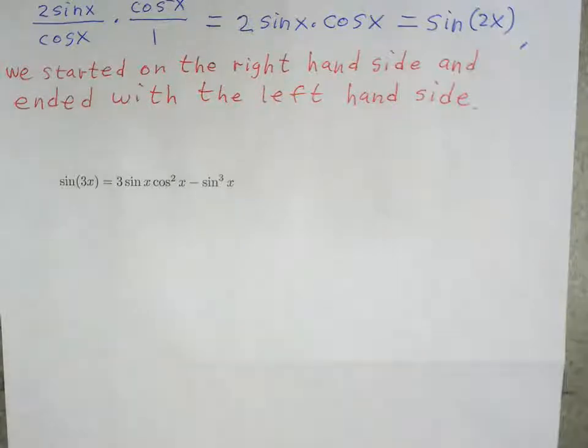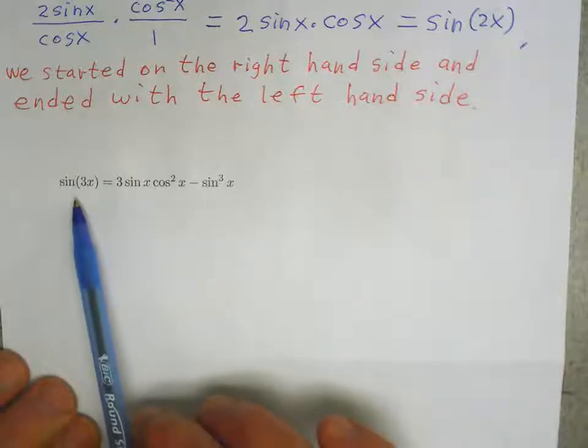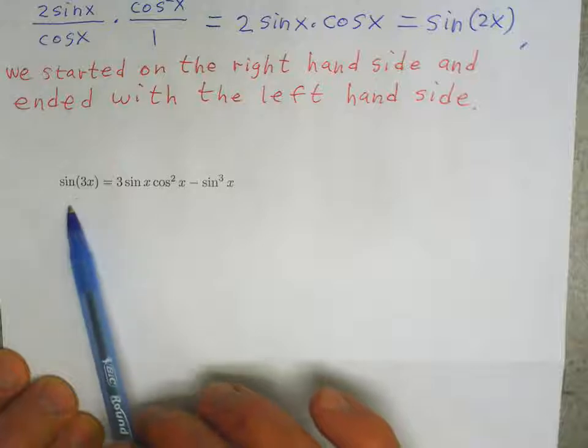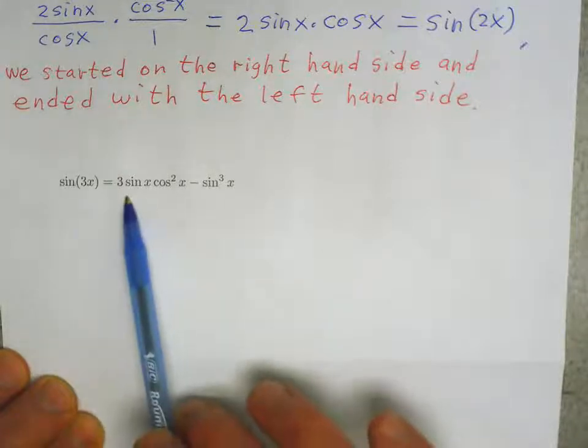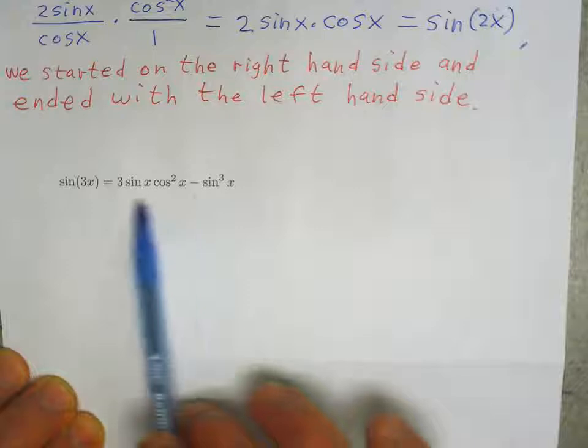Show that sine of 3x equals 3 times sine of x times cosine of x squared minus sine of x to the third power. Well, I think I'm going to start with the left-hand side this time, even though the right-hand side looks more complicated.